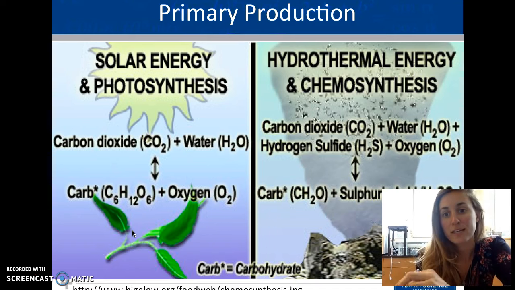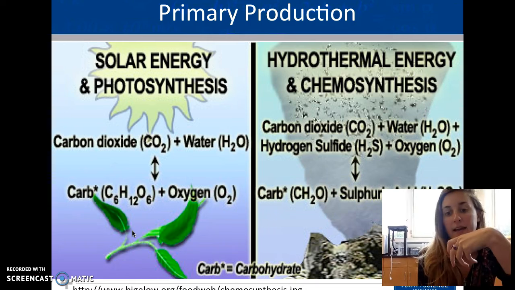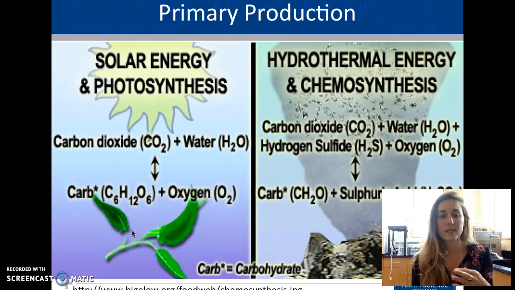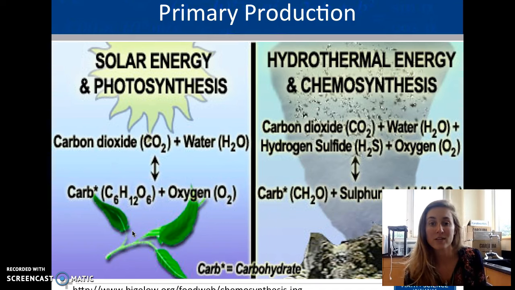Hydrothermal energy and chemosynthesis is going to be the use of a chemical energy into a more usable form of chemical energy, essentially. This occurs mostly in hydrothermal vents. If you think about under the sea, hydrothermal vents are the hot water vents under the sea, and there are bacteria that use hydrothermal energy, which is like warm water energy, right?